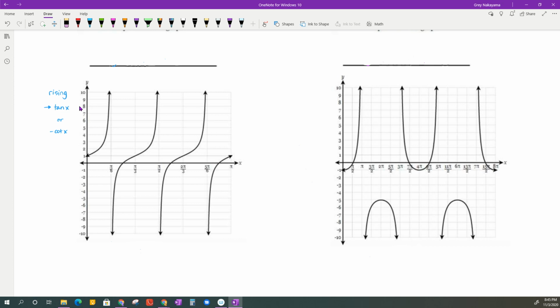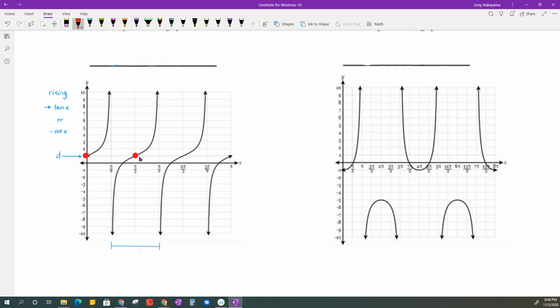So my asymptotes are from here to here. They go from pi over 6 to pi over 2, which is just 2 tick marks. So halfway between is right here. Every 2 tick marks is an asymptote, and then halfway between, so every other one is a 0. So this is basically a 0, which means that that is my midline.